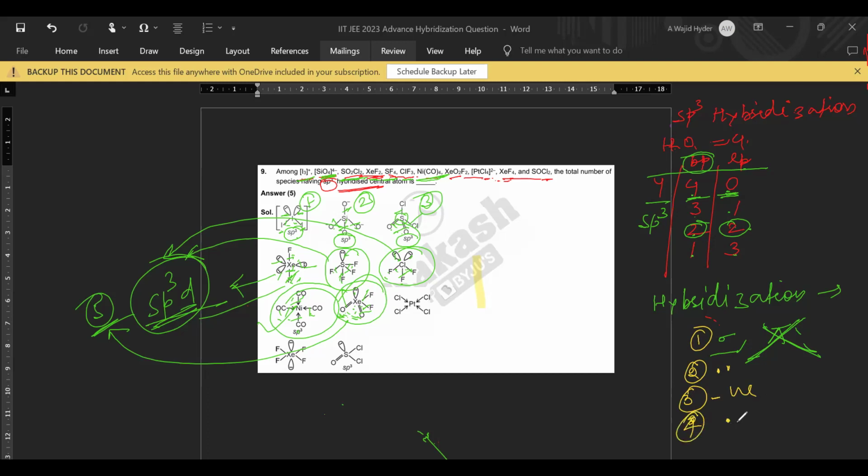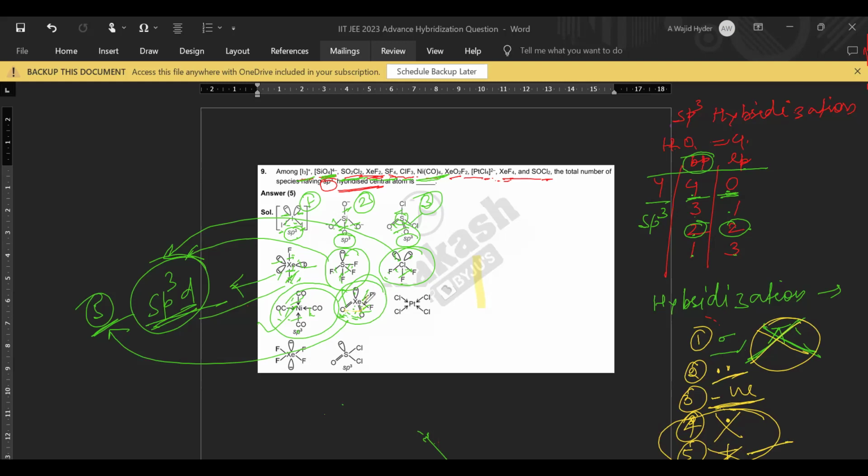Single electron, in case of odd electron bonds, and positive charge will never be considered, and pi bond also will never be considered. Never considered means you won't be counting, but sigma bond you will be counting, lone pair you will be counting, and negative charge will always be counted for this hybridization.